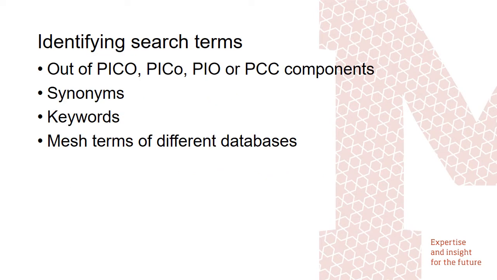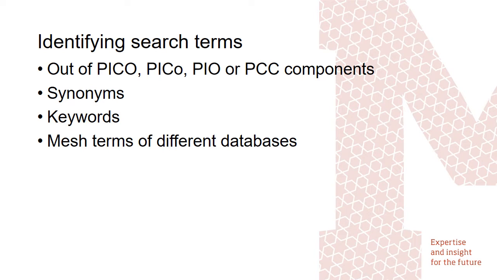Then, as I already told, we often use this acronym-based model and its components to identify our first search terms. Out of those components of the acronym, we of course use them as such, then try to figure out synonyms for them.